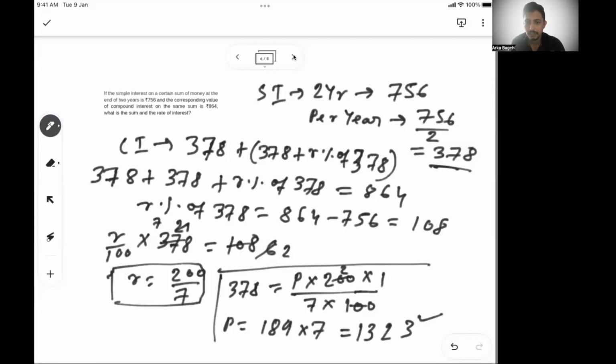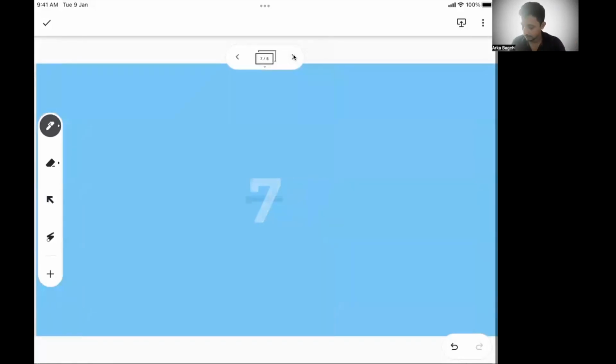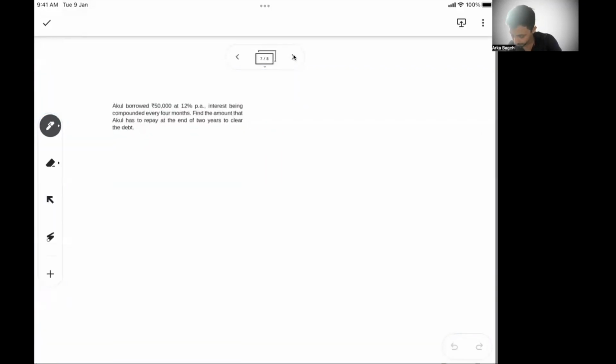And that R percent of 378 is extra. That is the extra 108 rupees you generate with compound interest over simple interest in 2 years. So R percent of 378 is 108. That is the difference. From there you calculate R, and from there you calculate P. Clear? Let's go to the next problem.